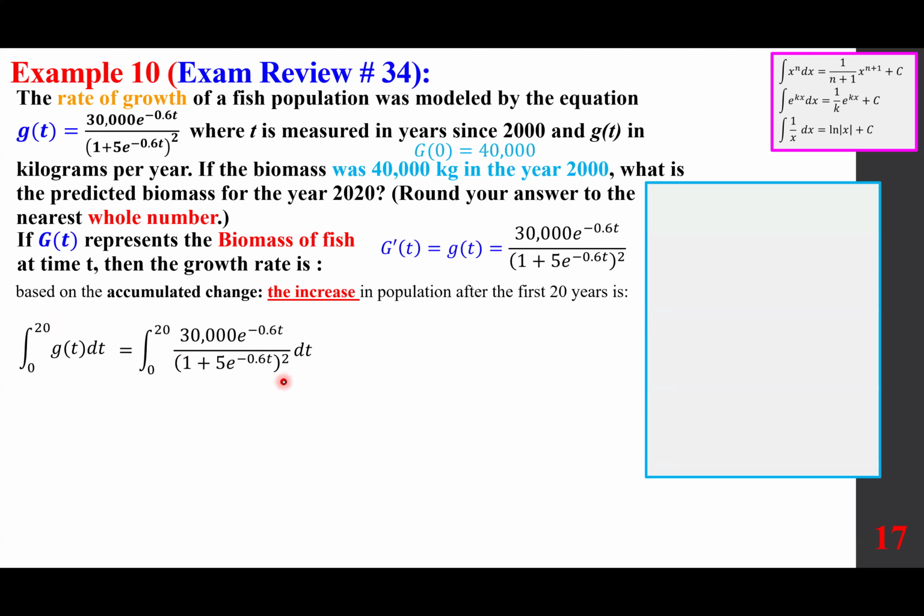If not, the denominator is the choice of u, of course, without the exponent. And so notice that if you differentiate this, you get 5 e to the power minus 0.60 t times minus 0.6. The product of these two numbers is negative 3 e to the power of negative 0.60 t. So that's du dt. So what is du? Minus 3 e to the power minus 0.60 t dt.